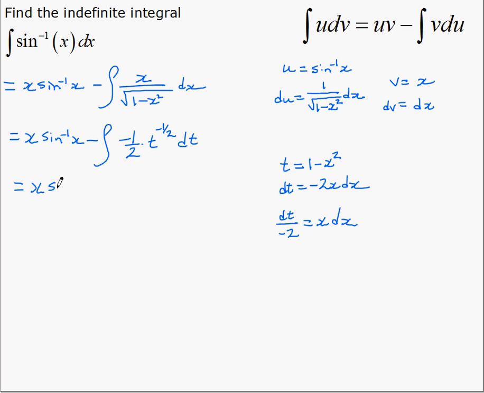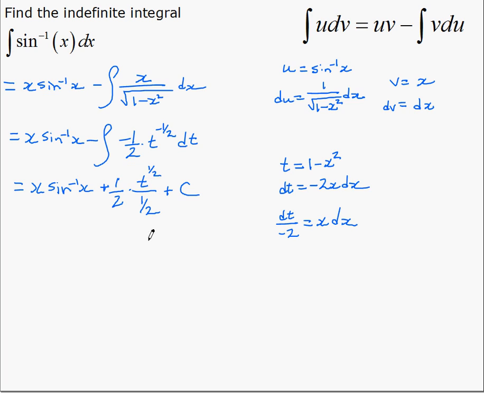Integrating then, we get plus 1 over 2. We take the half out first. Minus minus gives plus a half. t to the minus half becomes t to the positive half over a half plus c.